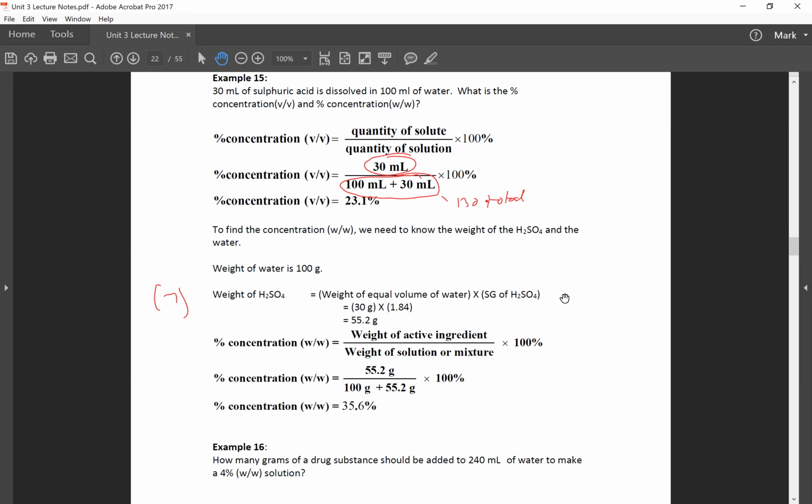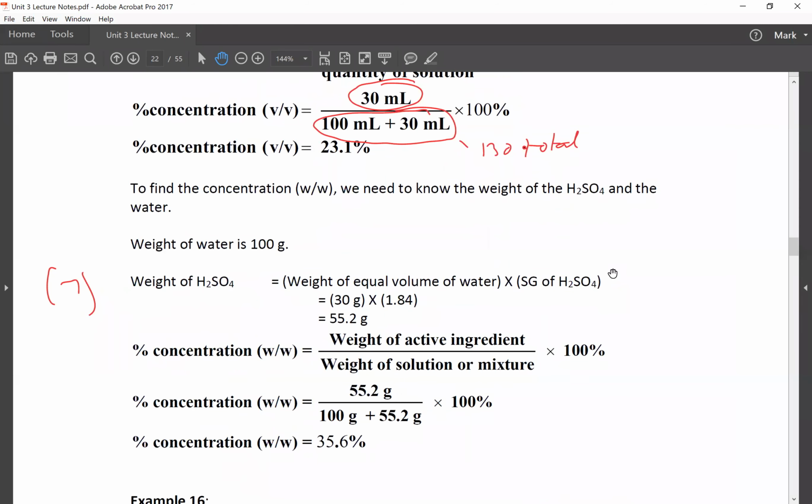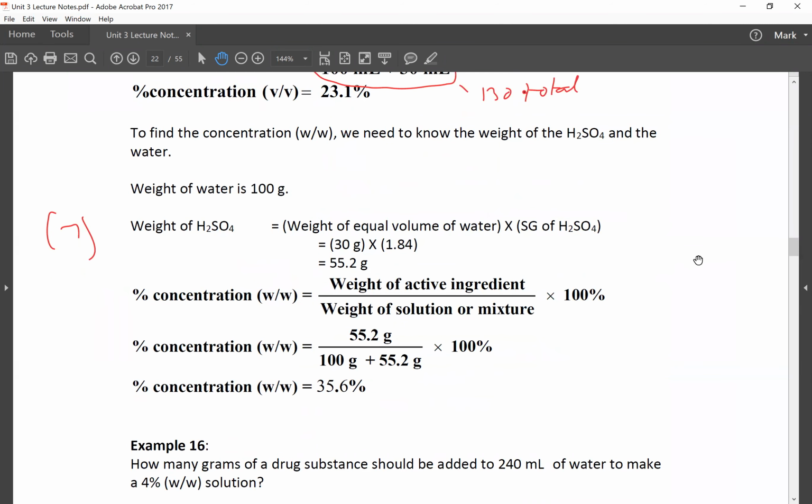The weight of the H2SO4, let me zoom in, is the weight of the equivalent volume of water. So we're looking at 30 milliliters of water, which is 30 grams of water. And again, the beauty of water is that the weight and the milliliters will be the same. 30 milliliters, 30 grams. 1,000 milliliters, 1,000 grams.